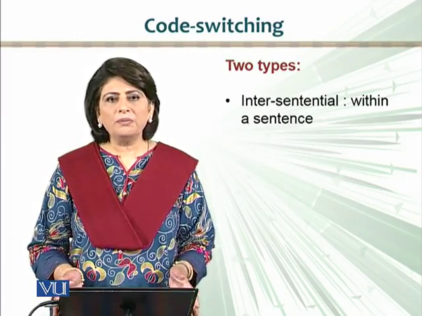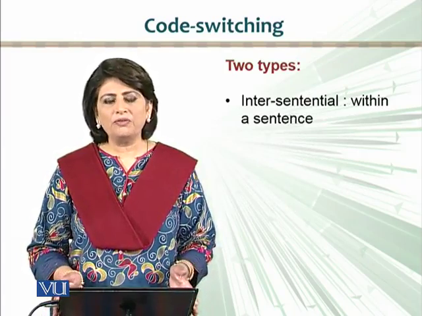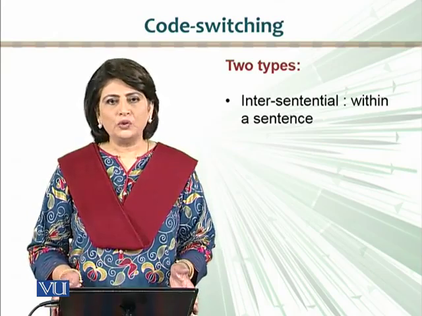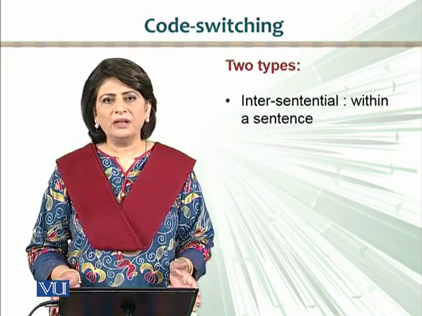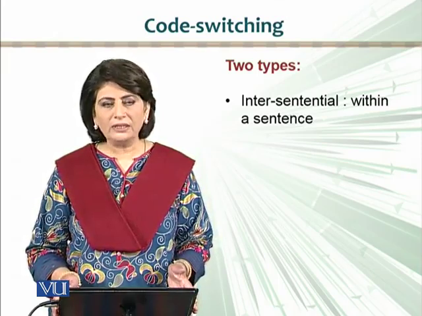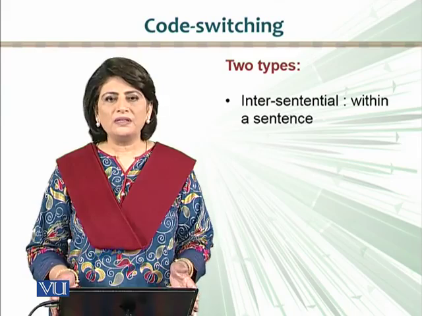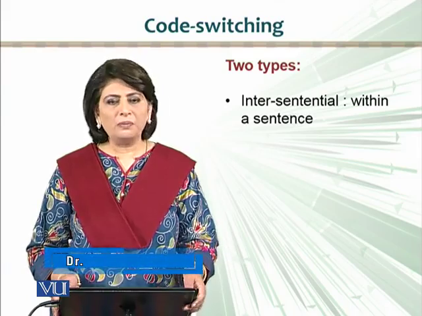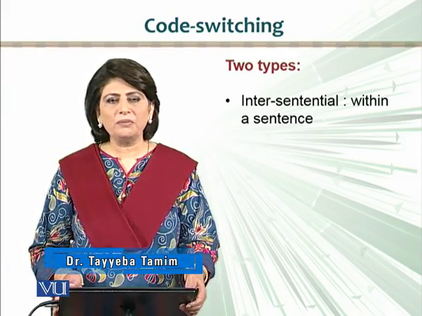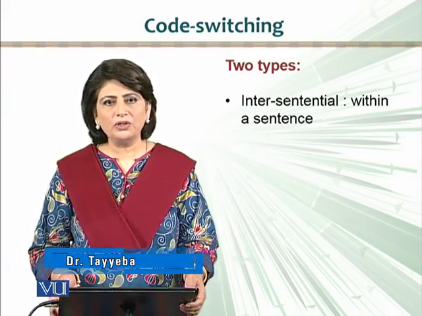Broadly talking about the different types of code switching, some would say that there are two types. Number one is code switching that occurs at the intrasentential level, that is, within a sentence. So you draw upon certain words which belong to the English language and you use them in Urdu, or from Urdu into English.